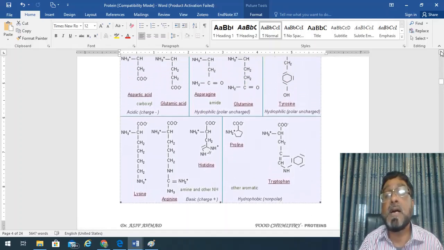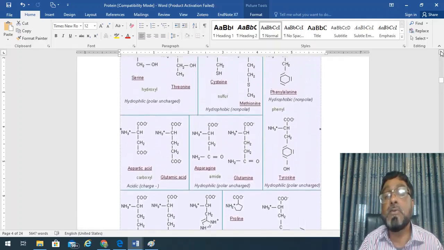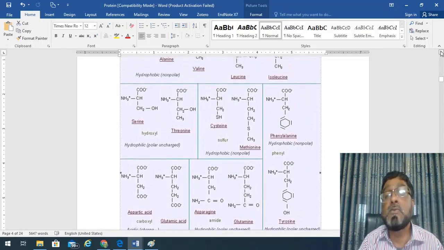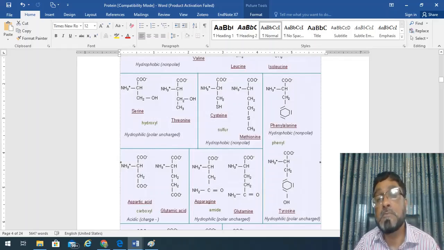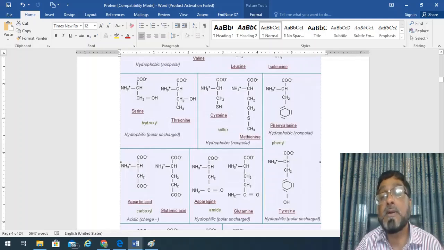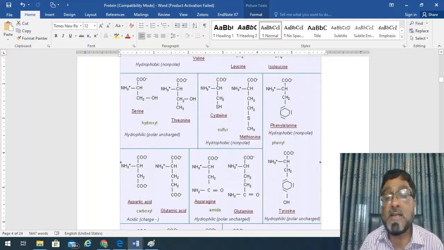Then there are two amino acids. One is the phenylalanine and the other is the tyrosine. Again, these are the polar type of the amino acid, and these are somewhat aromatic. So first of all, we are looking at the phenylalanine.